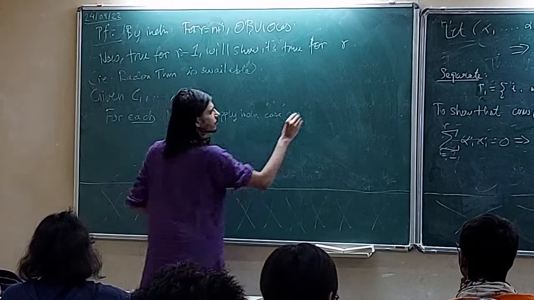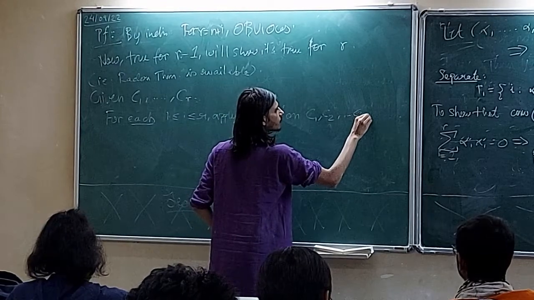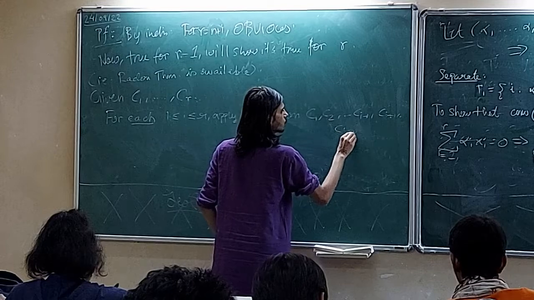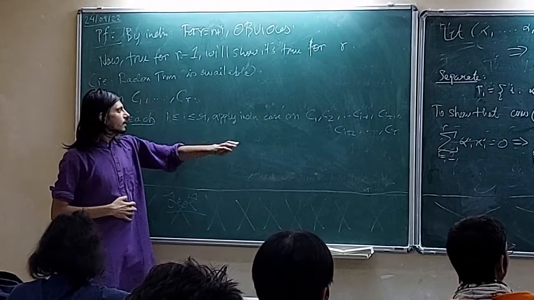So you apply it on C1, C2, up to C(i minus 1), skip i, C(i plus 1), C(i plus 2), and up to CR.